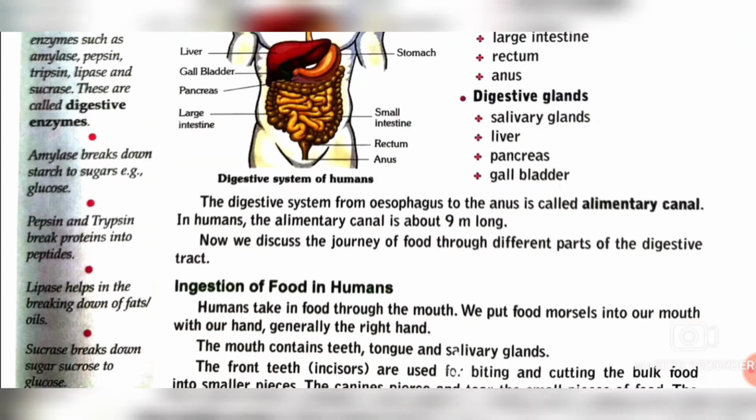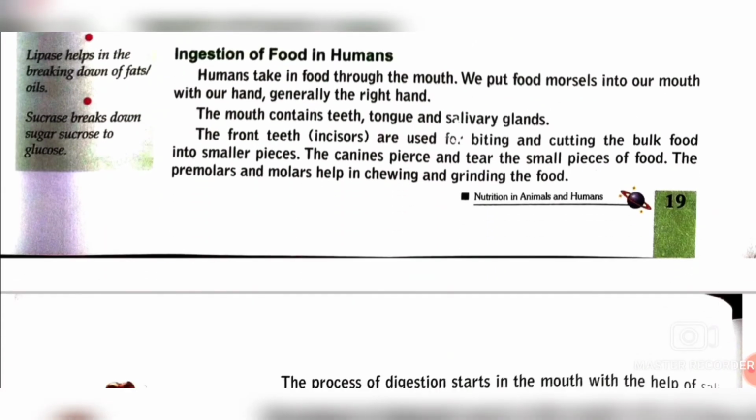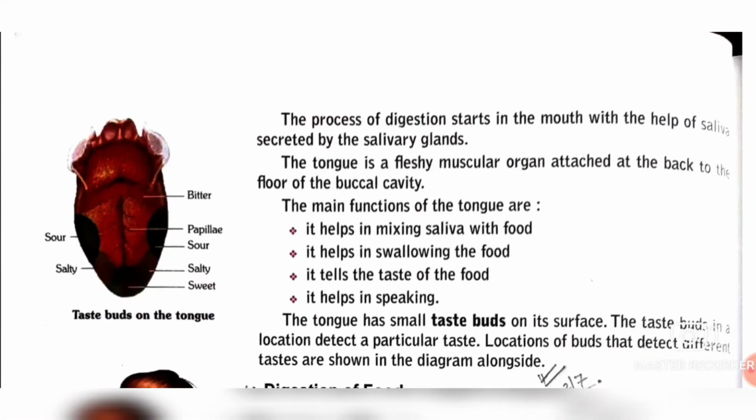digestive glands. Okay, here also we have learned about the ingestion of food, and for ingestion two organs help the most, that is our teeth which grind the food, and our tongue which mixes saliva with food and helps the food swallowing.